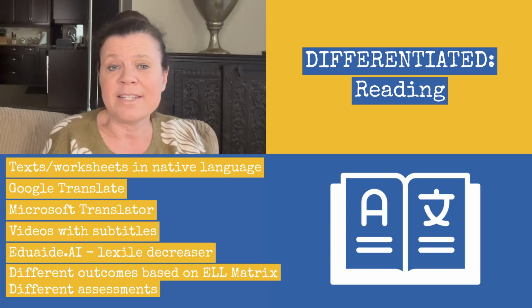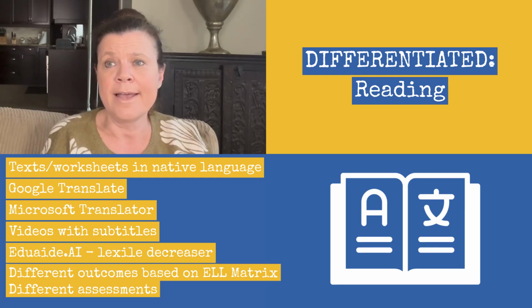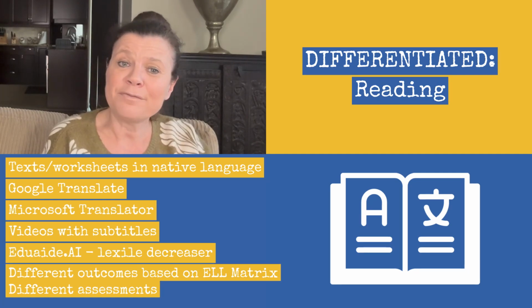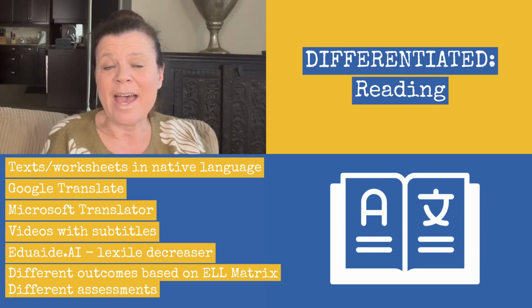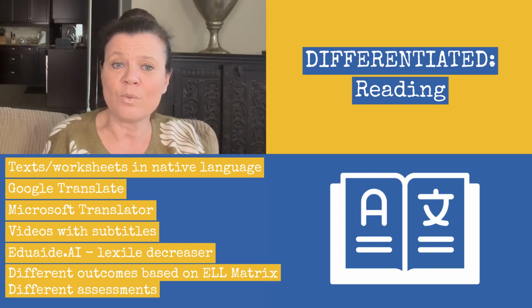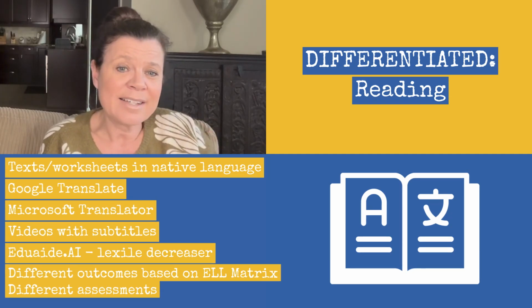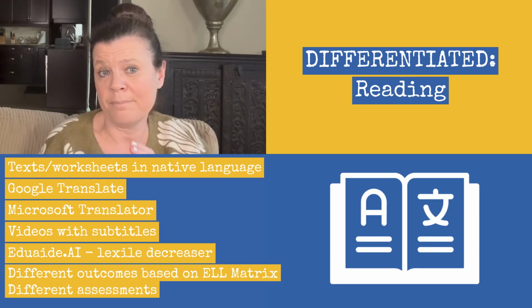So it can be finding worksheets or texts that are on topics that you're covering in class in their native language. If you can't find materials, you can use Google Translate, and that actually has a feature where you can snap a photo of the worksheet or the text that you're giving the students, and it will translate it for them.